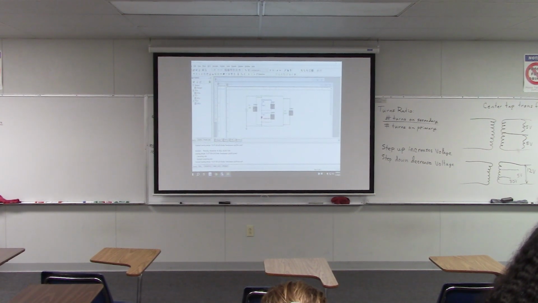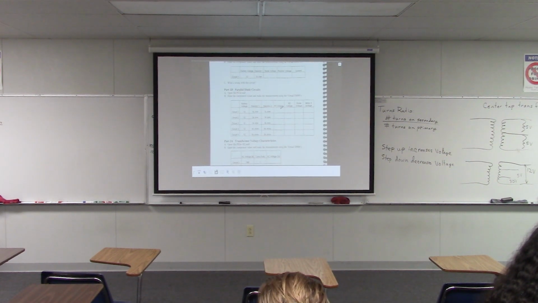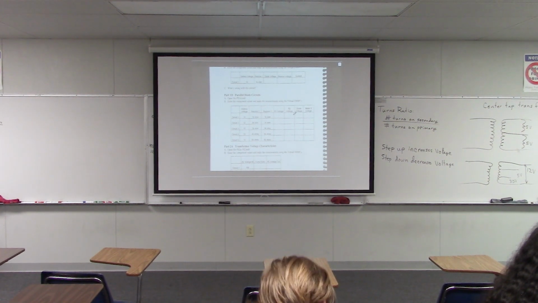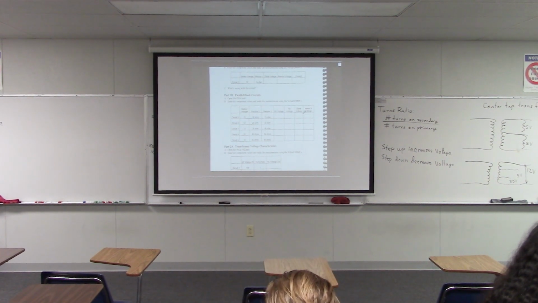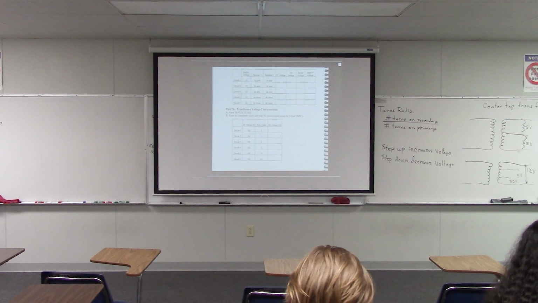All right. So you're going to measure the voltage across the first resistor, across the second resistor, and then the diode, and make those measurements there. And then we're going to go on and look at some transformers.